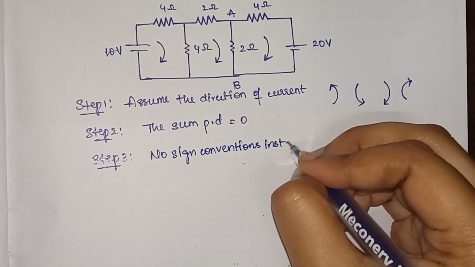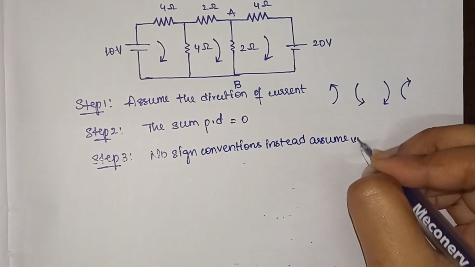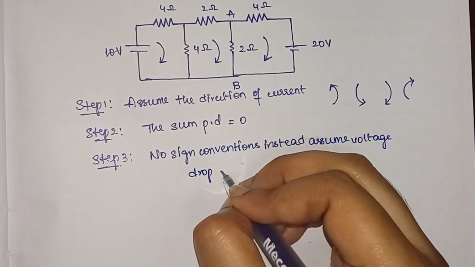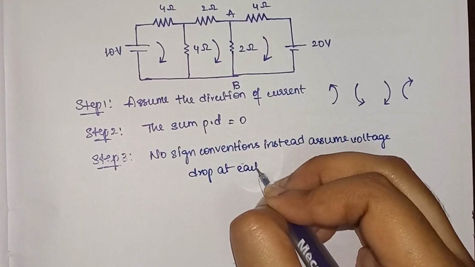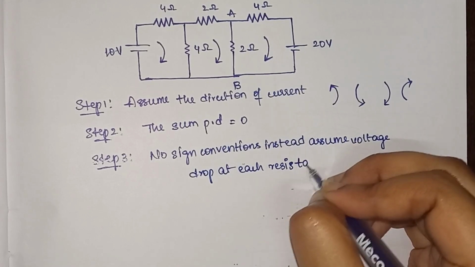Instead, assume voltage drop at each and every resistance. So this might make our problem very easy to solve.